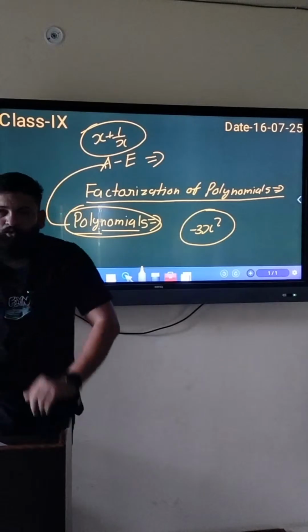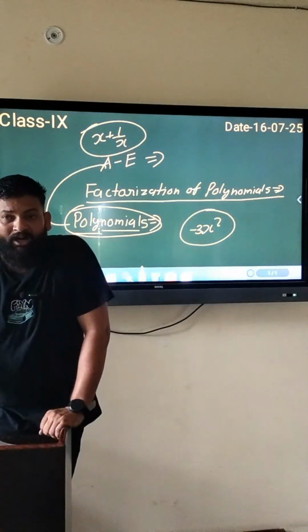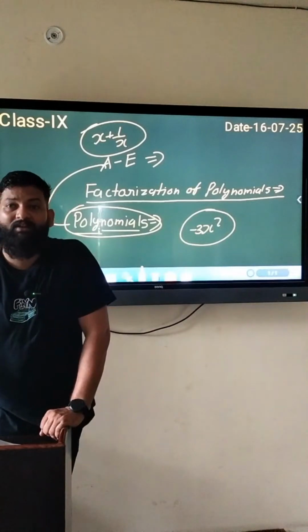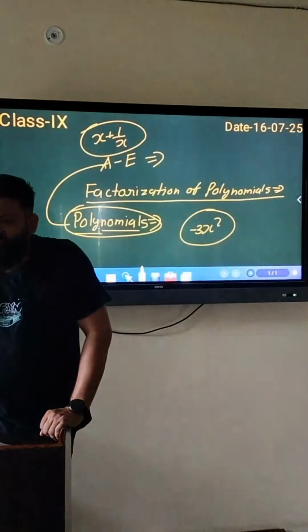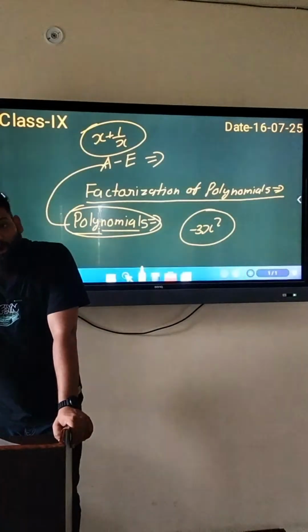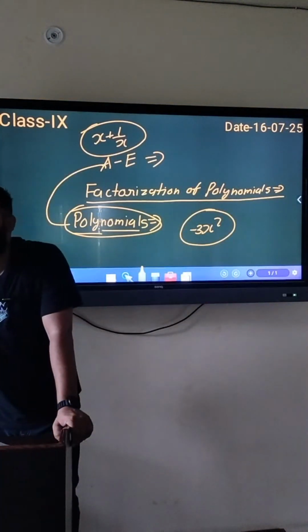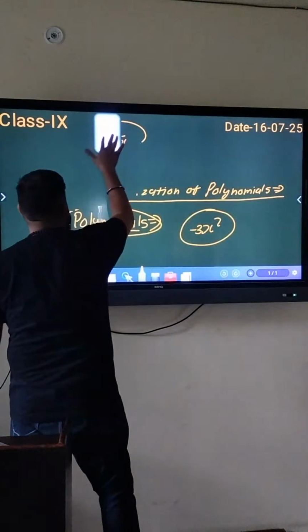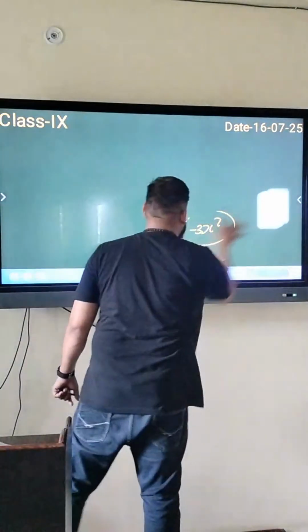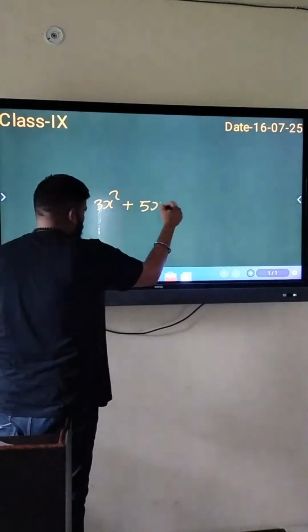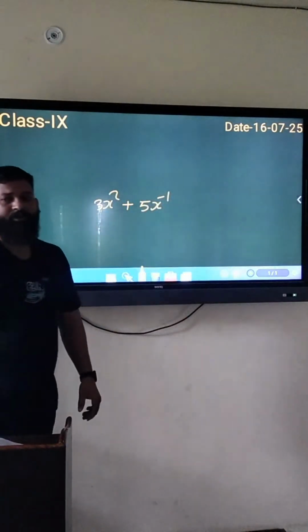In a polynomial, there are two conditions. The literal power of the variable should not be fractional and should not be negative. If I ask you, in factorization of the polynomial, is 3x square plus 5x power minus 1 a polynomial?